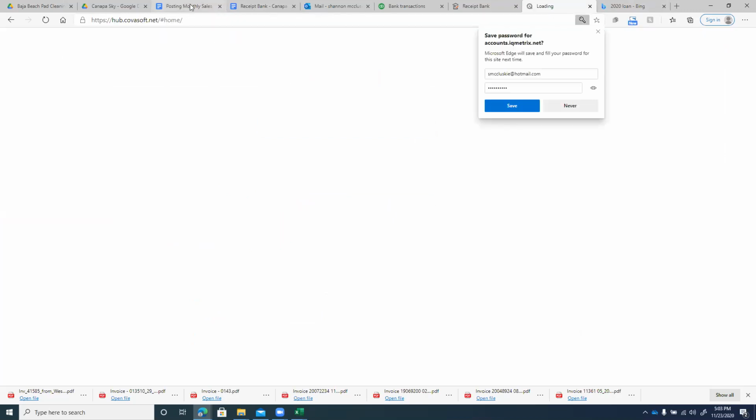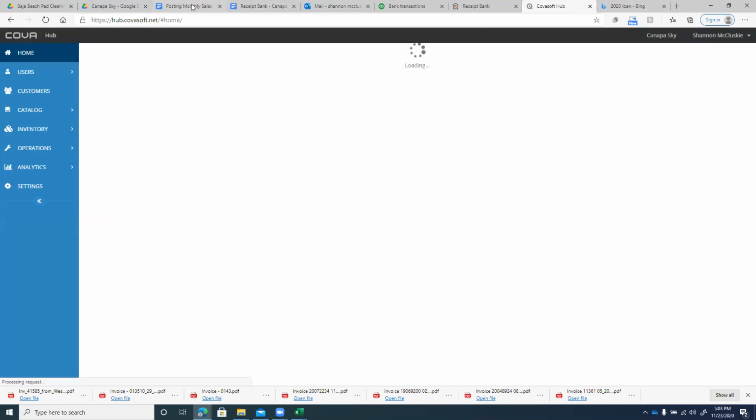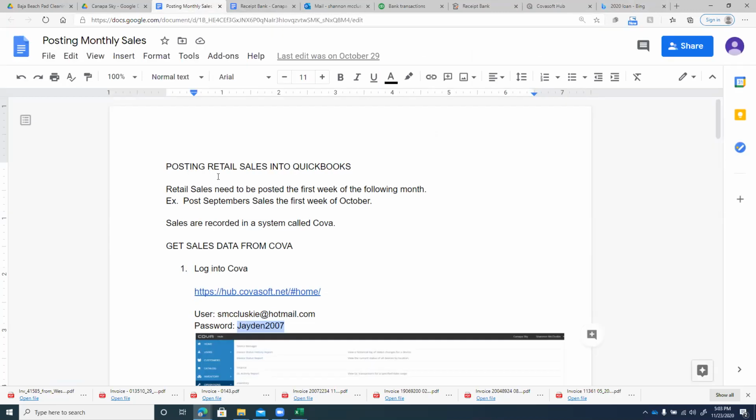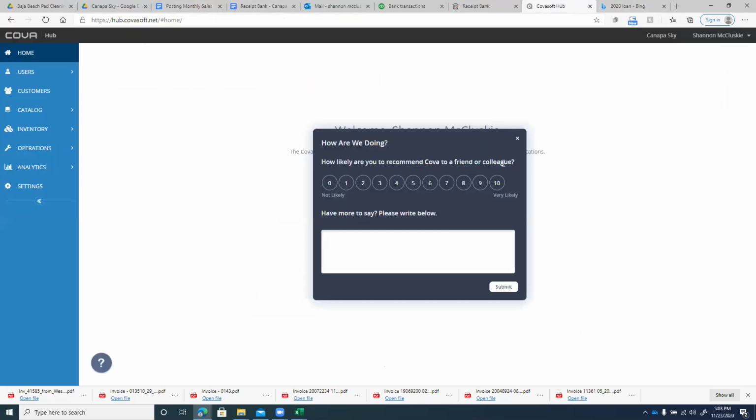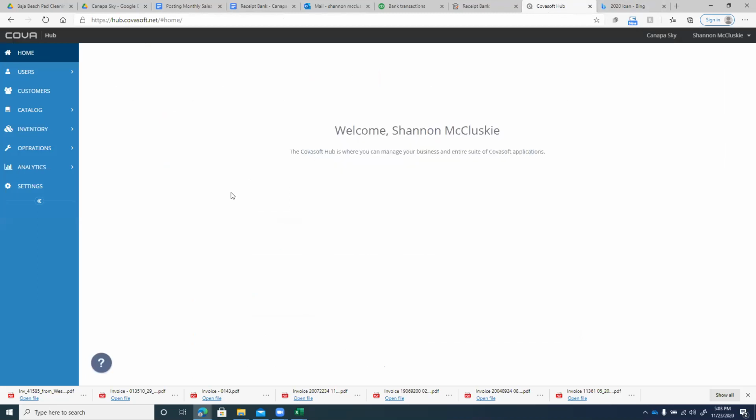I'm going to go through this really fast because I have all the instructions here. So I am in here, and basically this is the retail store's sales terminal. It records all the sales.